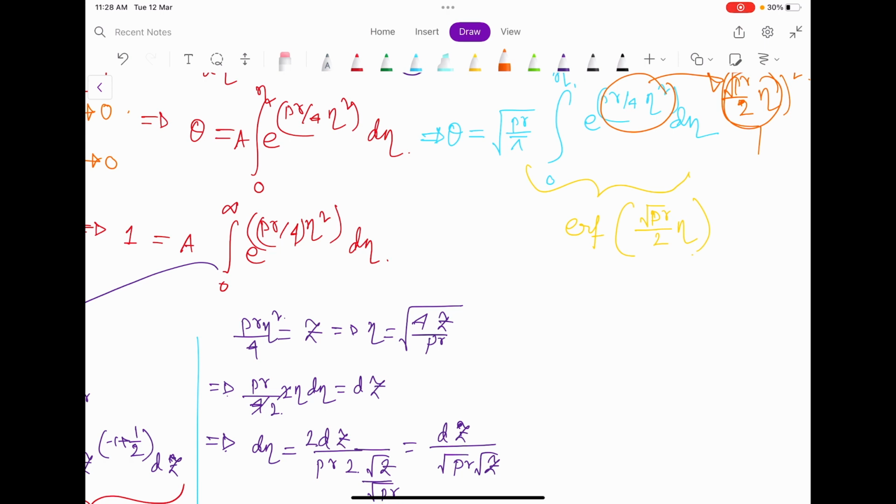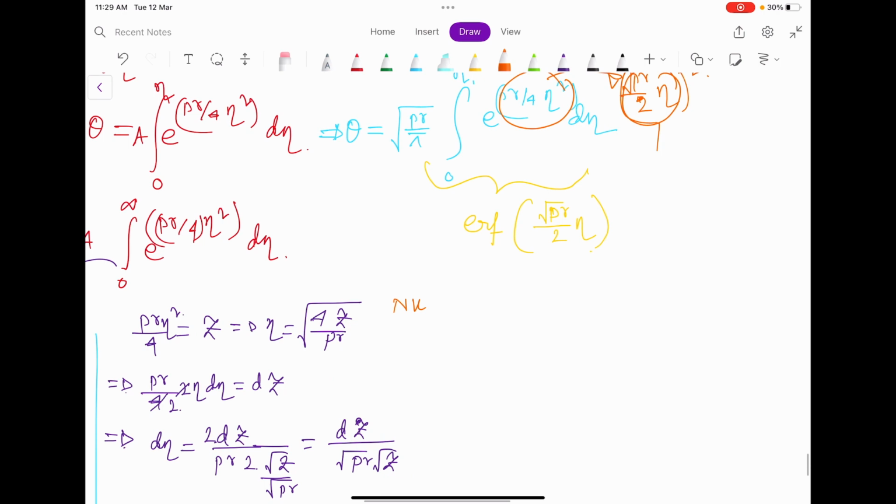Similarly, Nu x is h x by k, and in the similar manner you can show that this will become this into Pr to the power half into Re x whole to the power half, and this is your homework. You have to show that this is the theta 0, and just tell me what is 1 by root pi.